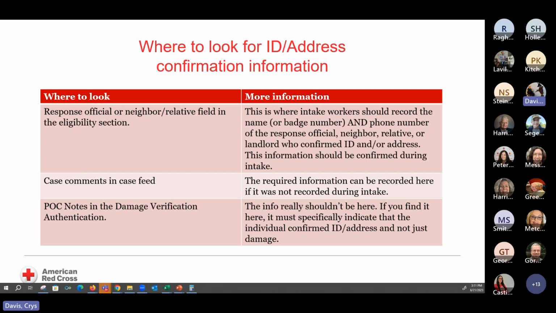Ideally, the info really shouldn't be there, but if it's there and it specifically, with emphasis on specifically, says that that person confirmed the ID or the address, not just the damage, then for compliance purposes, we can go ahead and take it as being documented.